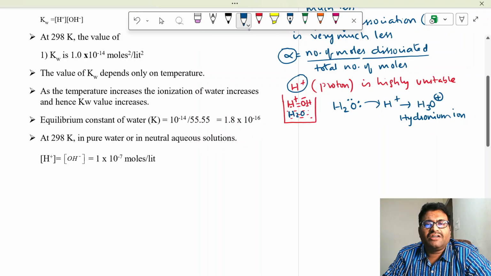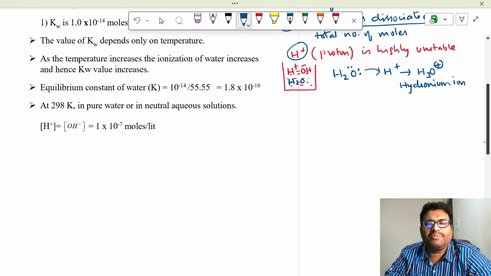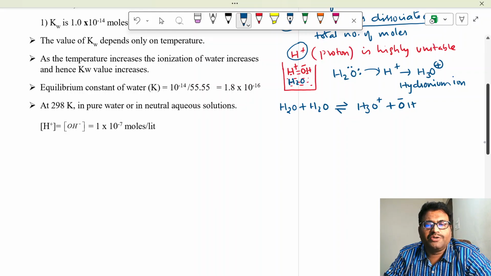So in water, H plus is released. As it is unstable, it readily combines with the nearby H2O and forms the hydronium ion, H3O plus. So dissociation of water can also be written as H2O plus H2O gives H3O plus plus OH minus, because one water molecule dissociates into OH minus and H plus, and another water molecule combines with H plus to form H3O plus.